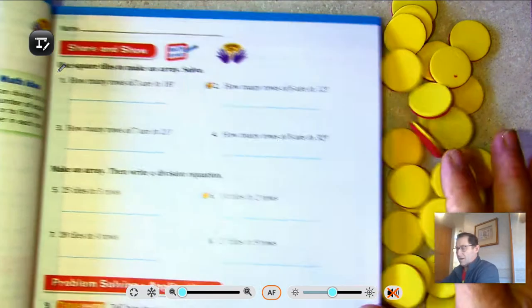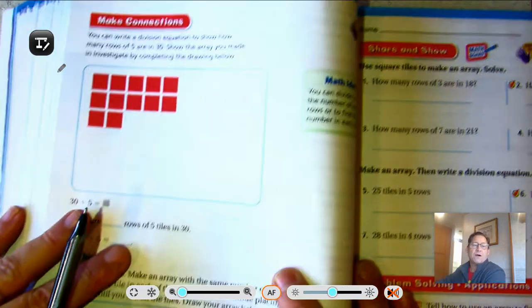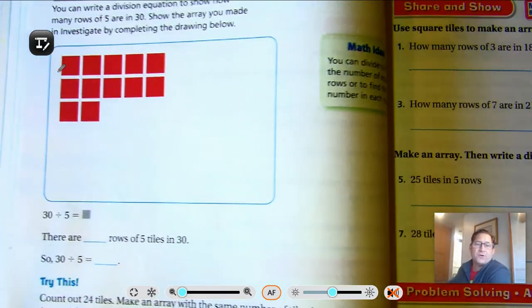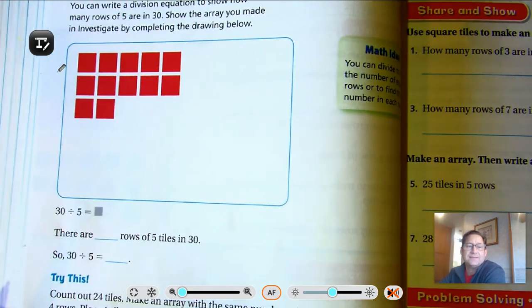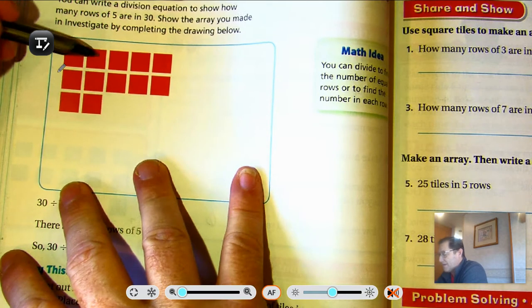All right, we can write a division. Let me move my materials, my math tools. All right, you can write a division equation to show how many rows of 5 are in 30. Show the array you made in the investigate by completing the drawing below. All right, so we had how many rows of 5? We had 6 rows of 5.